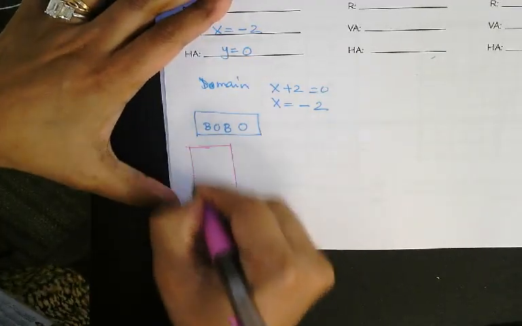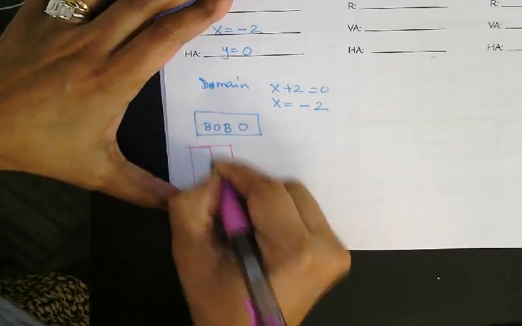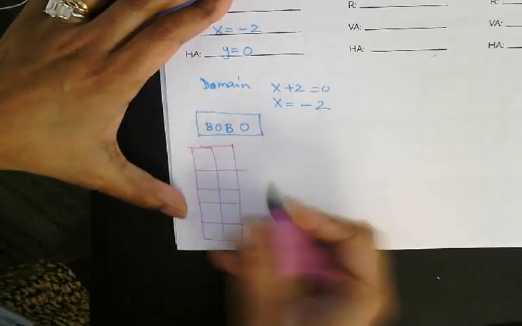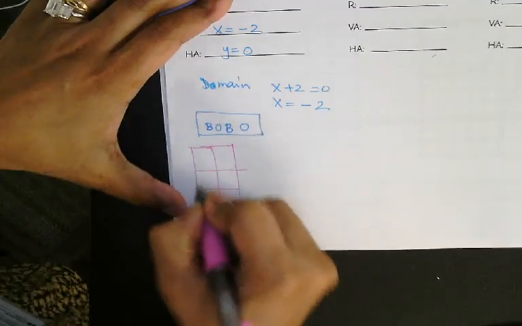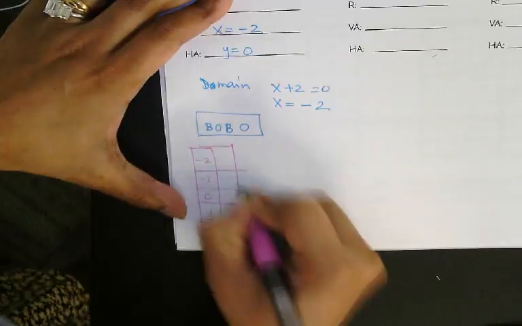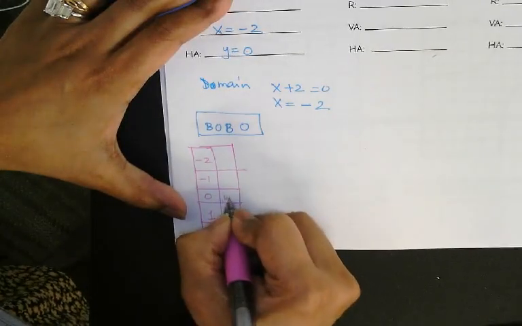Let me take the original table. So it's 0, -1, -2, 1, 2. This is the original. 0 is going to give me undefined.